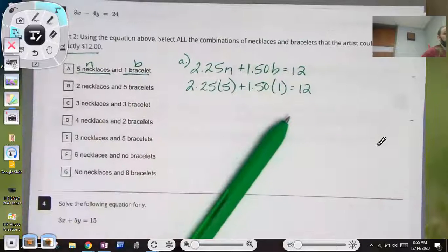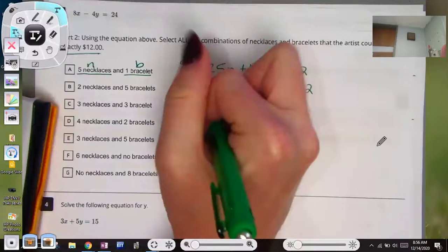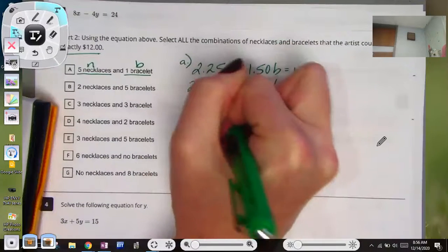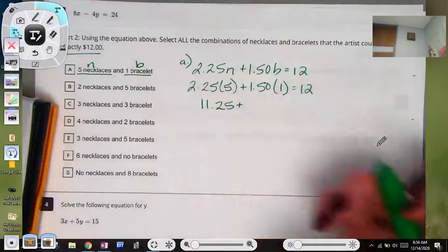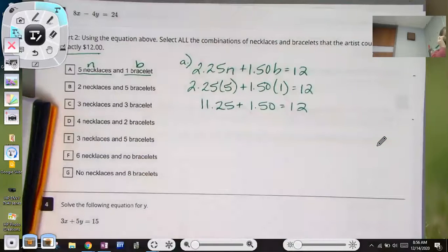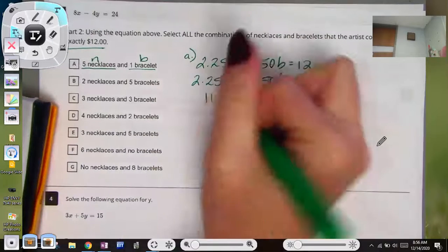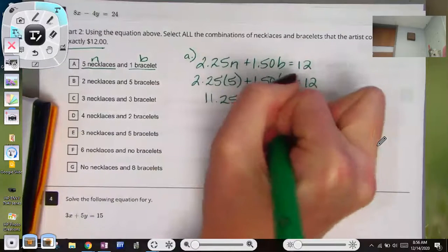Necklaces, we're going to order 5, so 225 times 5 plus 150 times 1, and that needs to equal 12. I think I have a calculator right here. All right, so I have 225 times 5. That gives me 1125 plus $1.50 times 1, which is still going to be $1.50. So we have 1125 plus $1.50, and that equals 1275.